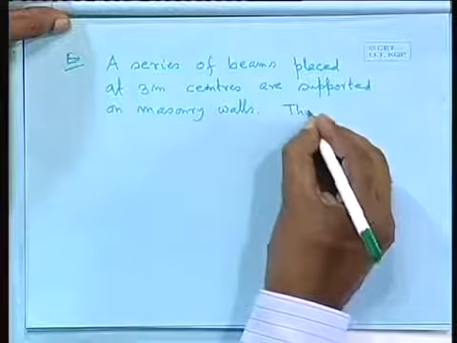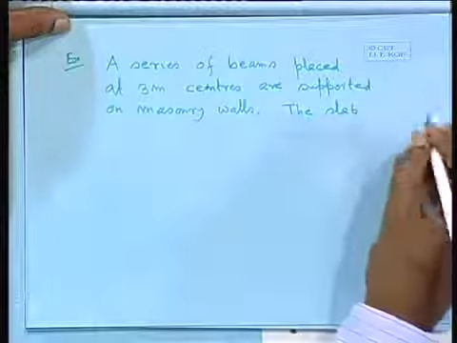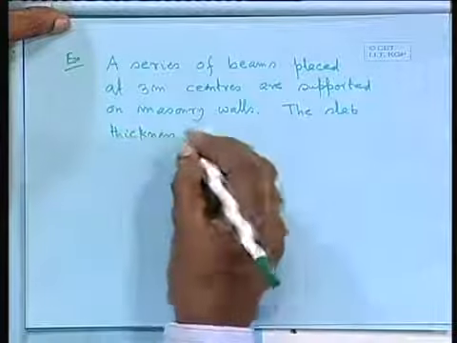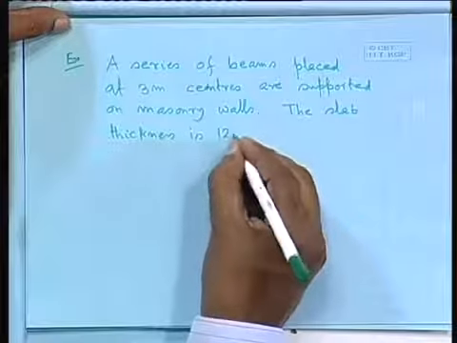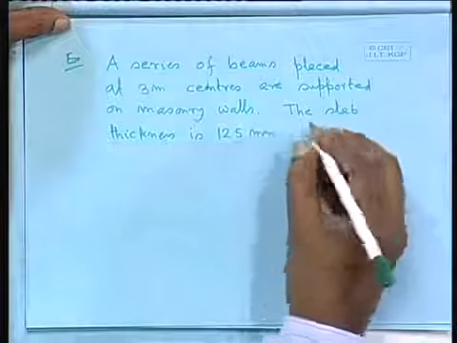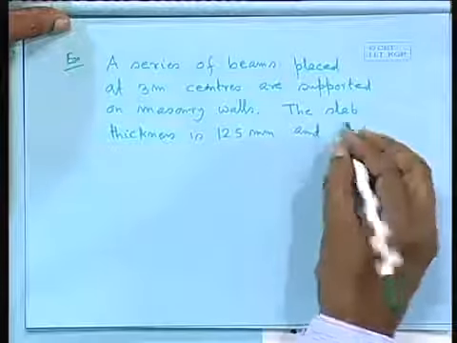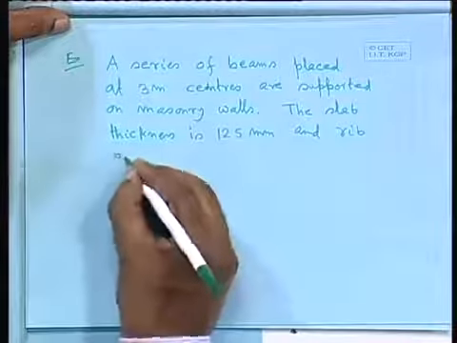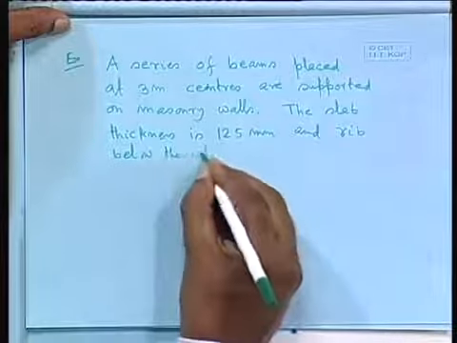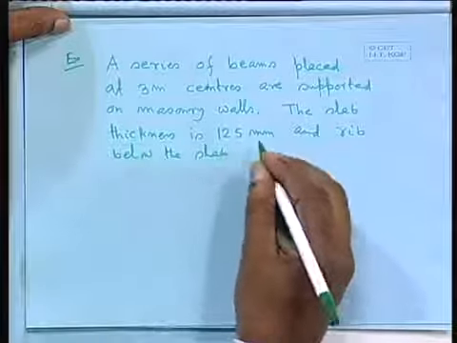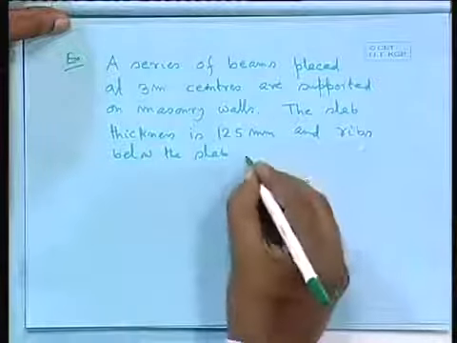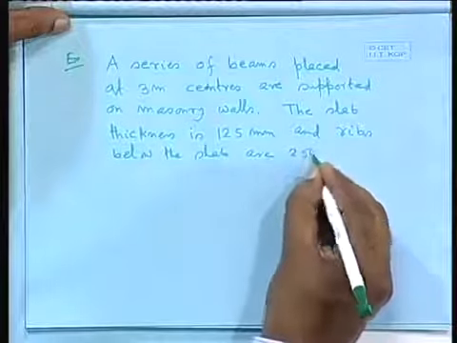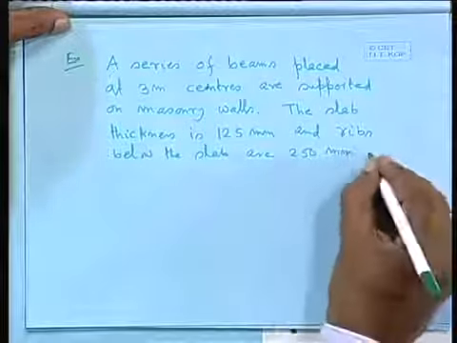The slab thickness is 125 millimeter and ribs below the slab are 250 millimeter wide.